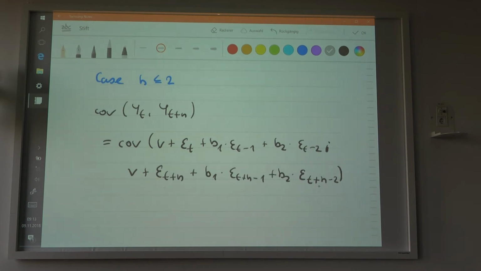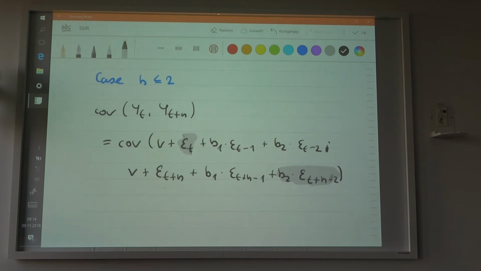So this epsilon_t will overlap with this one, and all others cancel out. These will be the only two that overlap if h is equal to 2.